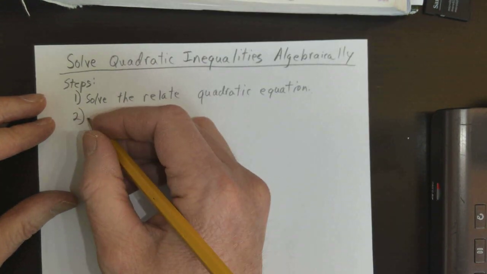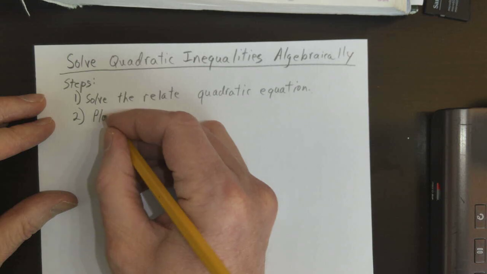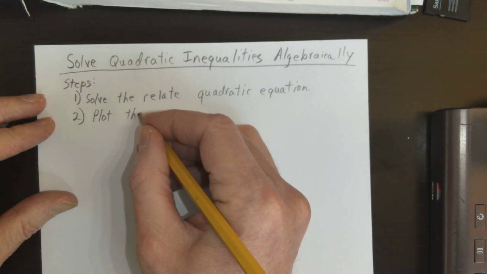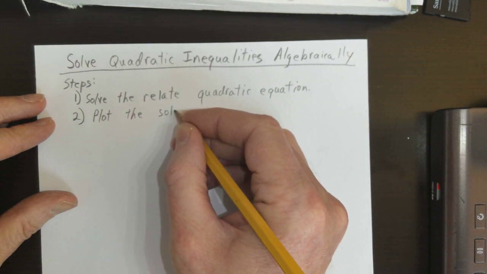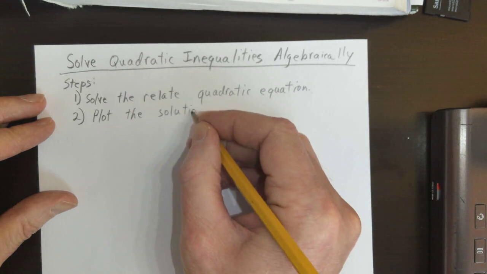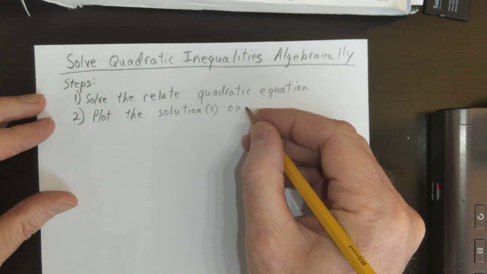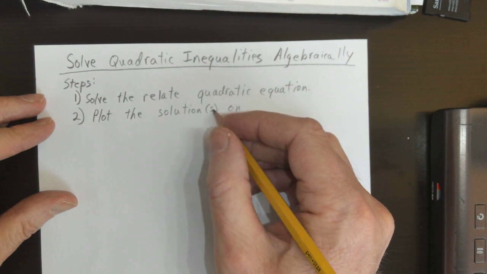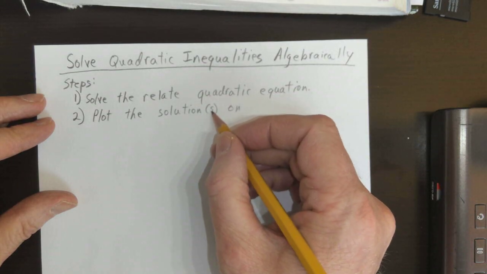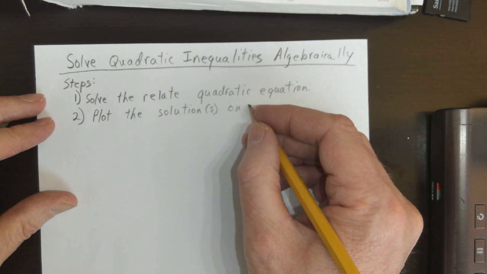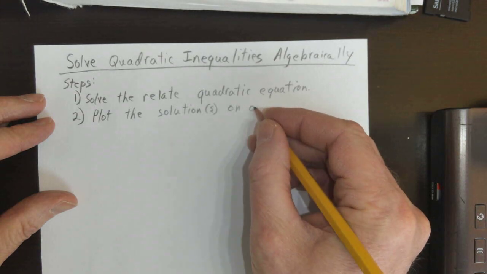It's not going to be the inequality. Step 2, we're going to plot the solutions. It might be one solution, it may be no solutions, or it may be 2 solutions. We're going to plot the solutions on a number line.